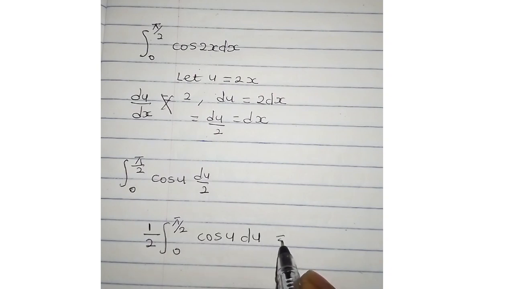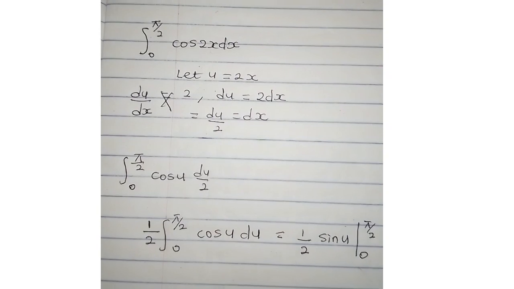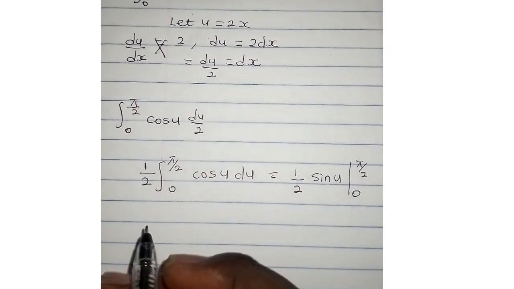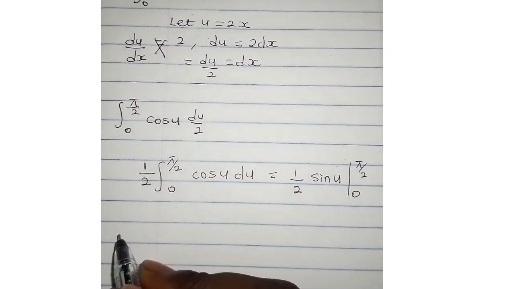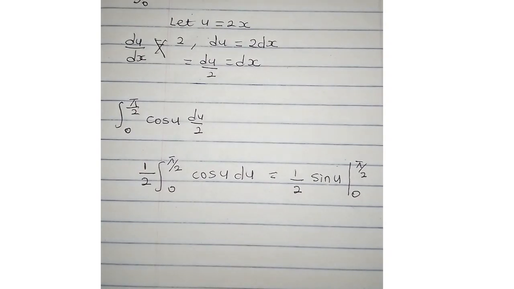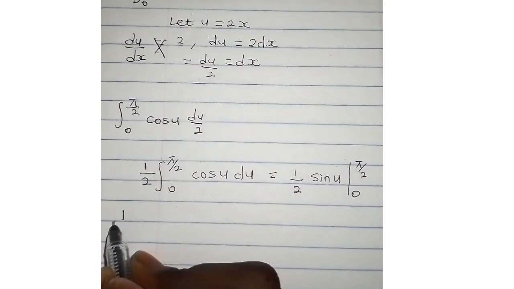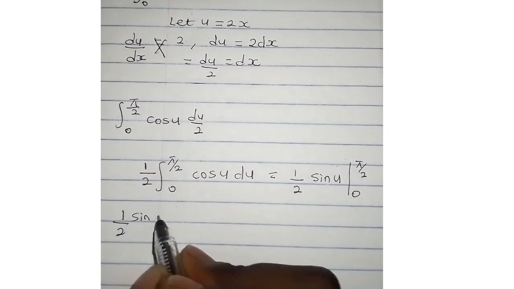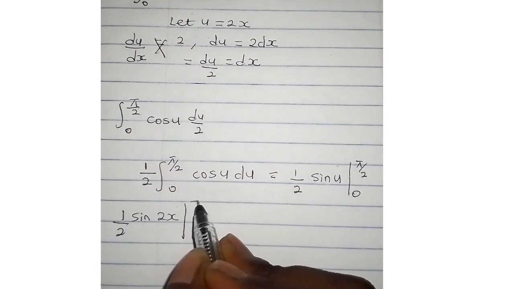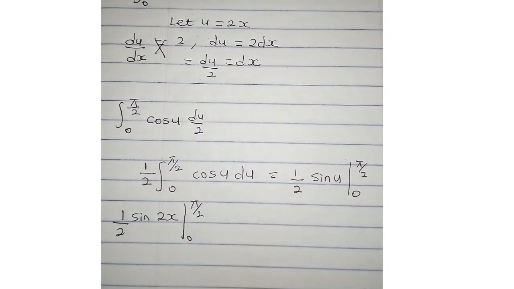Integrating cos u, we have sine u from the limits 0 to pi over 2. Recall our u is equal to 2x, so we have 1 over 2 sine 2x from the limits 0 to pi over 2.